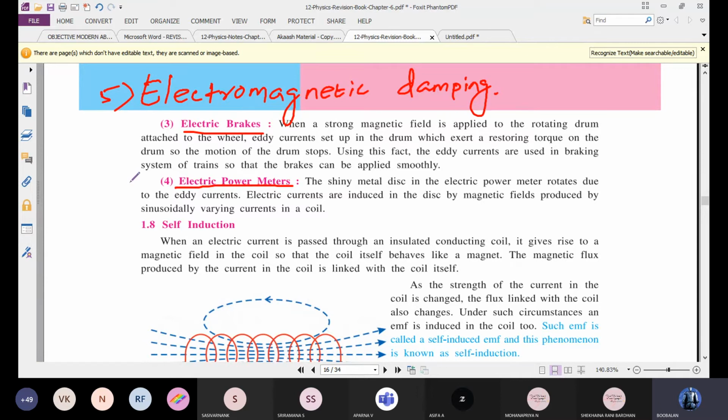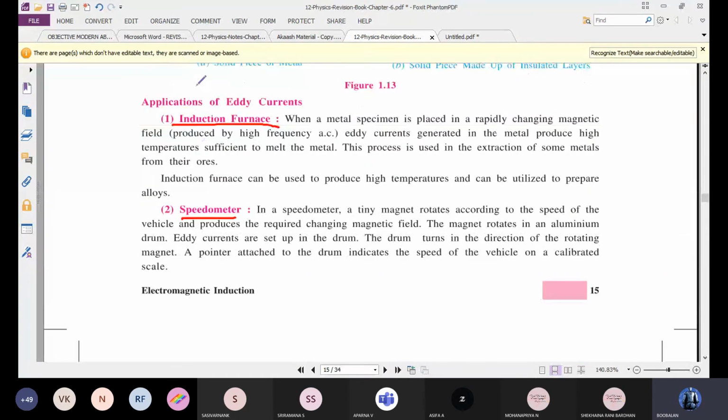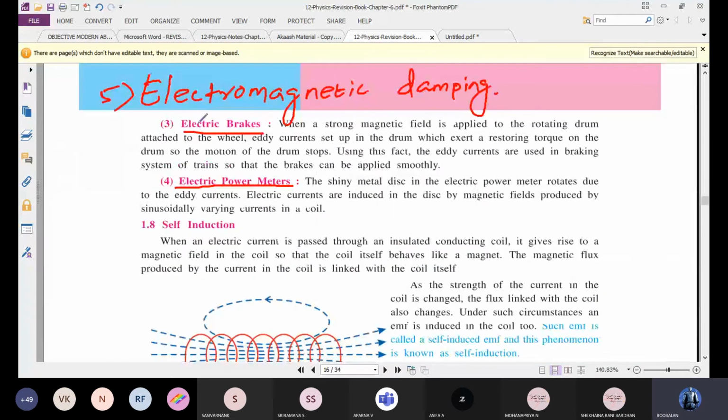And one more also there, electromagnetic shielding. Sixth one.